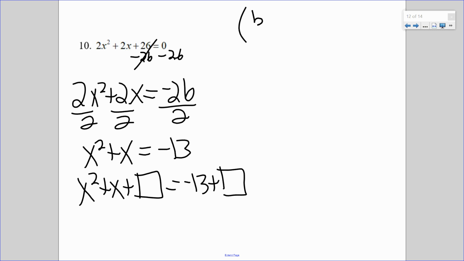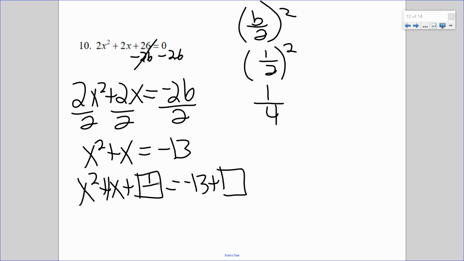To determine what goes inside, b over 2 squared. b is 1 in this example. 1 over 2 squared is 1 squared, which is 1, over 2 squared, which is 4. Factor. Well, what multiplies to 1/4 and adds to 1?